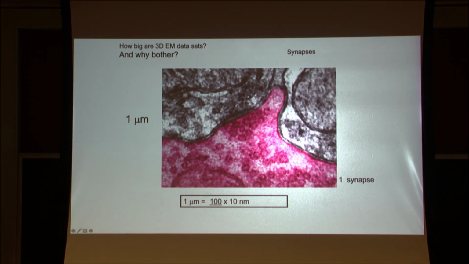If we want to study synapses, the connection between neurons, we better see synapses. If we want to study wires, axons in particular, we better have the resolution to see individual axons. Individual axons get as small as 50 nanometers across, well beyond the resolution of light. Really only electron microscopy can do this.